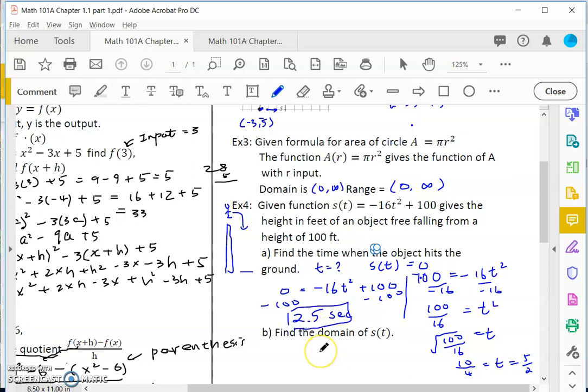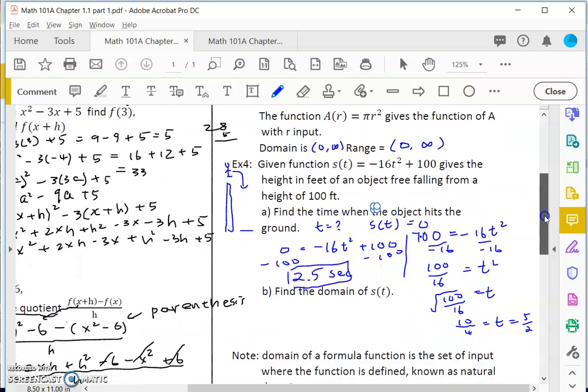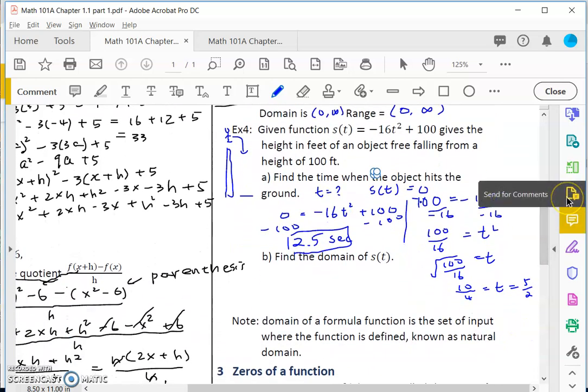Okay. Find the domain of f as S of t. This function can take in any times we want, but obviously you would not need to know anything after 2.5 seconds. So the domain that is meaningful for this is 0 in the beginning and 2.5, because 0 is when it is starting and 2.5 is when it hits the ground.